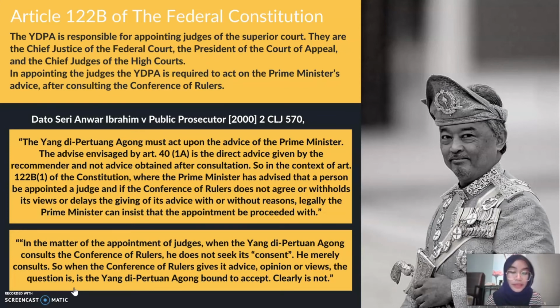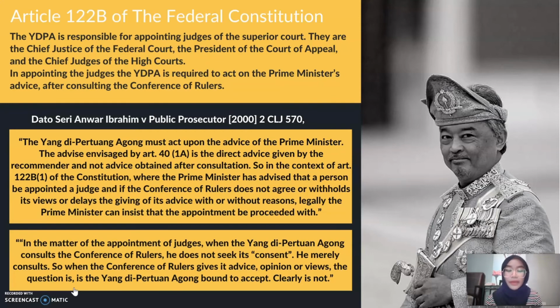Apart from that, it has also been further explained in the decision of the court, in the context of Article 122B Clause 1 of the Constitution, where the Prime Minister had advised that a person be appointed a judge, and if the Conference of Rulers does not agree, withholds its views or delays the giving of its advice with or without reason, legally the Prime Minister can insist that the appointment be proceeded with.